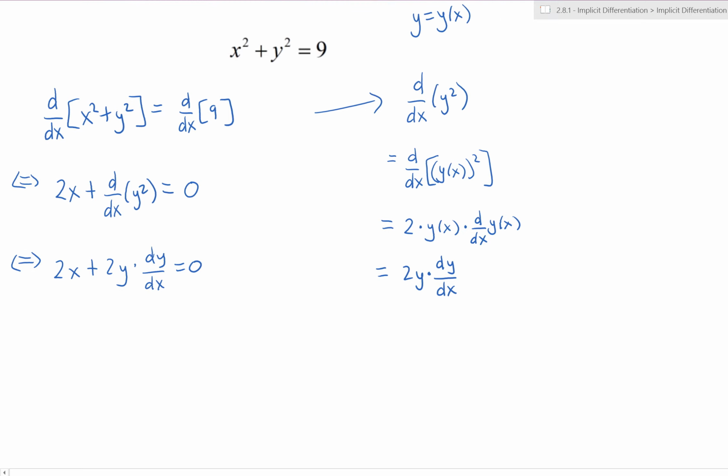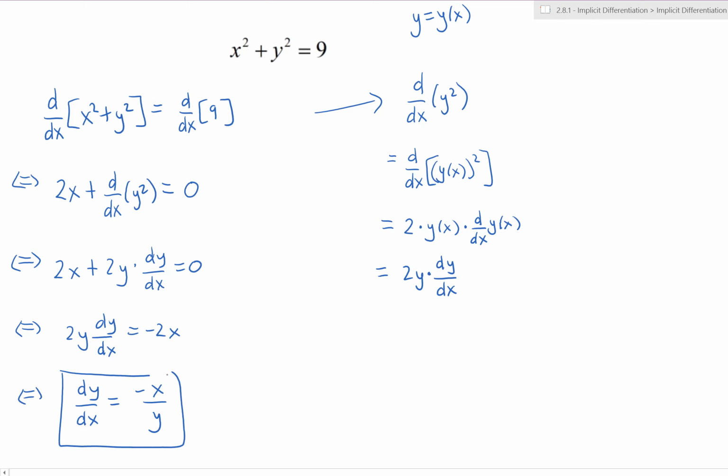And as you can see, we now have an equation involving the unknown, the slope dy dx, which I will algebraically solve for by first subtracting 2x on both sides of this equation, giving me 2y dy dx is negative 2x. And then I'll divide both sides by 2y to get dy dx is negative x over y.